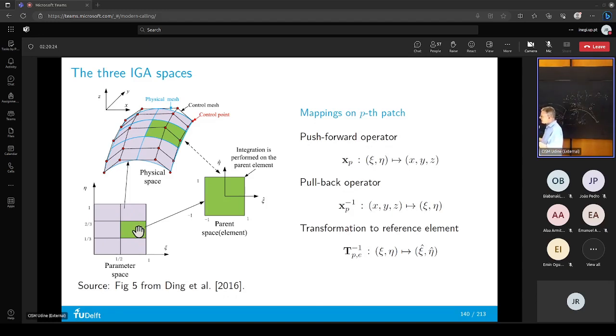And the more mathematical answer is, you only know that over a parent element, so a subset of the patch, the function you want to integrate is a polynomial. Over the entire thing, it's a piecewise polynomial. So maybe with Monte Carlo integration or something like that you could do it, but Gauss or Newton-Cotes, all of that, they are only exact for polynomials and not for piecewise polynomials.